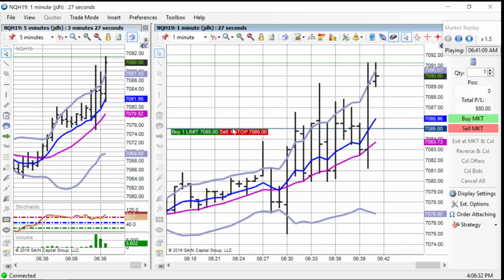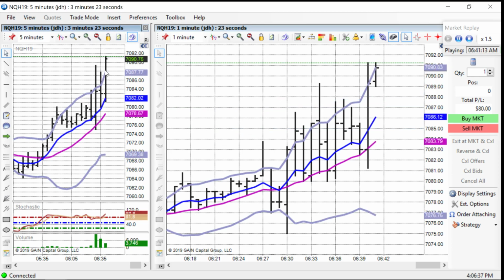So what I'm seeing here is that on the 5-minute chart, if you look on your left side here, it's breaking through that upper Bollinger Band there, and I'm seeing the lows of these bars are close to that upper Bollinger Band and at a distance from that 80 EMA line.